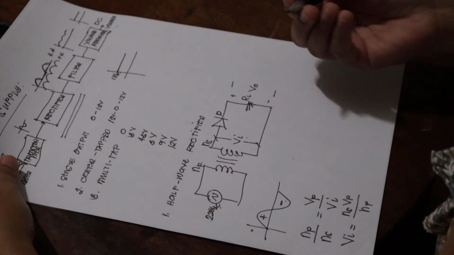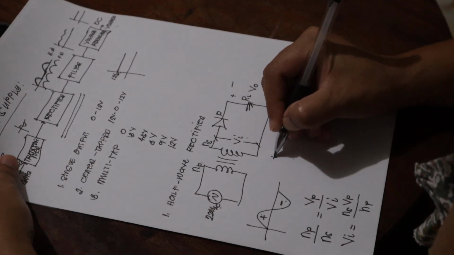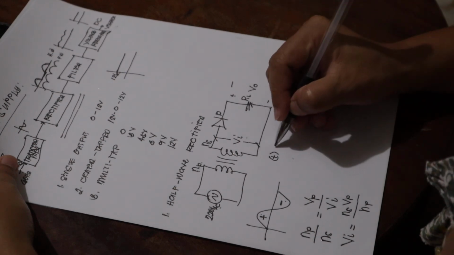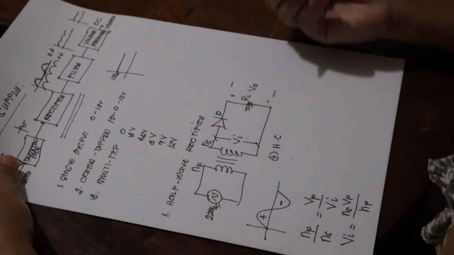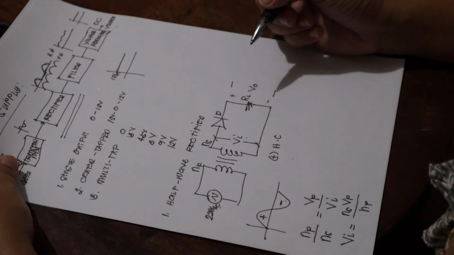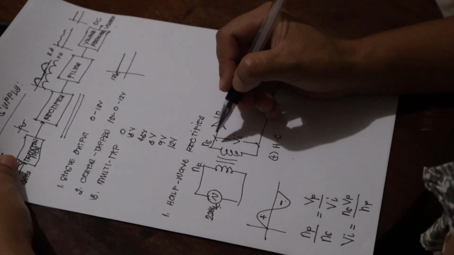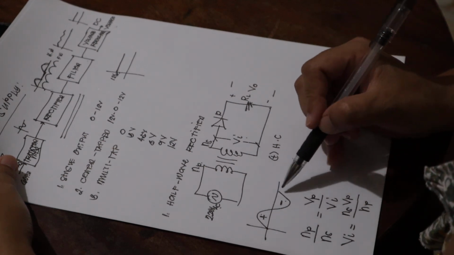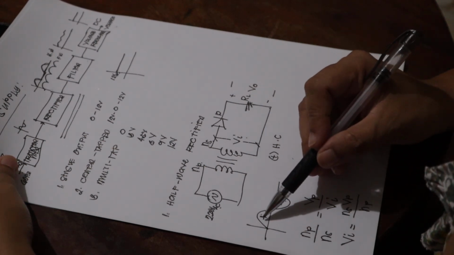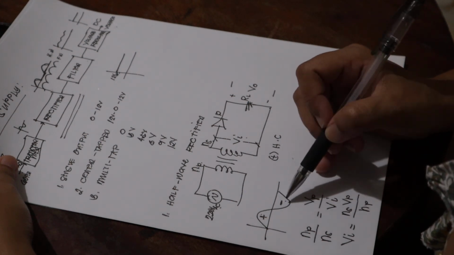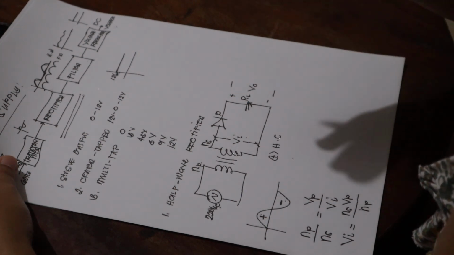Okay? So, ang analysis, just like what I have mentioned a while ago, we are going to start at the positive half cycle. At the positive half cycle, you have to listen, ang ating polarity, pag makikita nyo dito, yung polarity ng ating AC voltage ay nag-reverse.